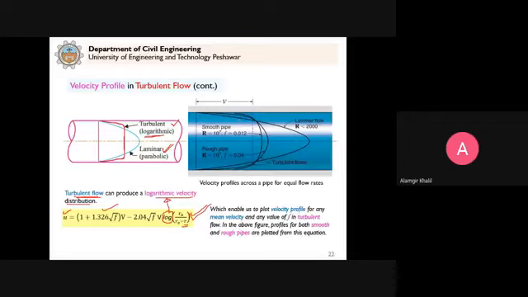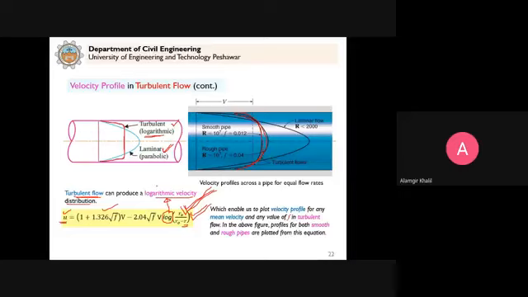And this figure, which is given in the textbook, shows the velocity profiles for turbulent flow in smooth pipe or rough pipe; these can be plotted using this equation. Clear? So this is the equation that you can use to calculate the velocity at any distance r from the center of the pipe in turbulent flow.